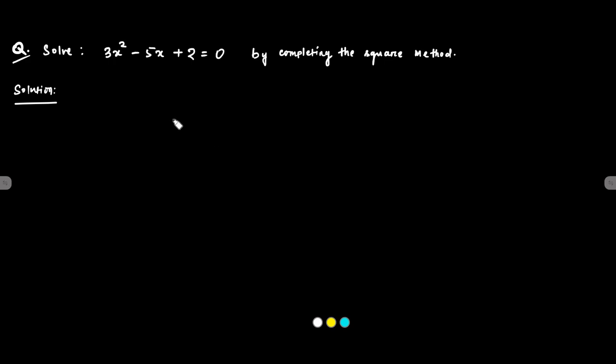So the approach will be the same. First we'll write the equation 3x square minus 5x plus 2 is equal to 0. Now what we'll do, we will multiply 3 on both sides.